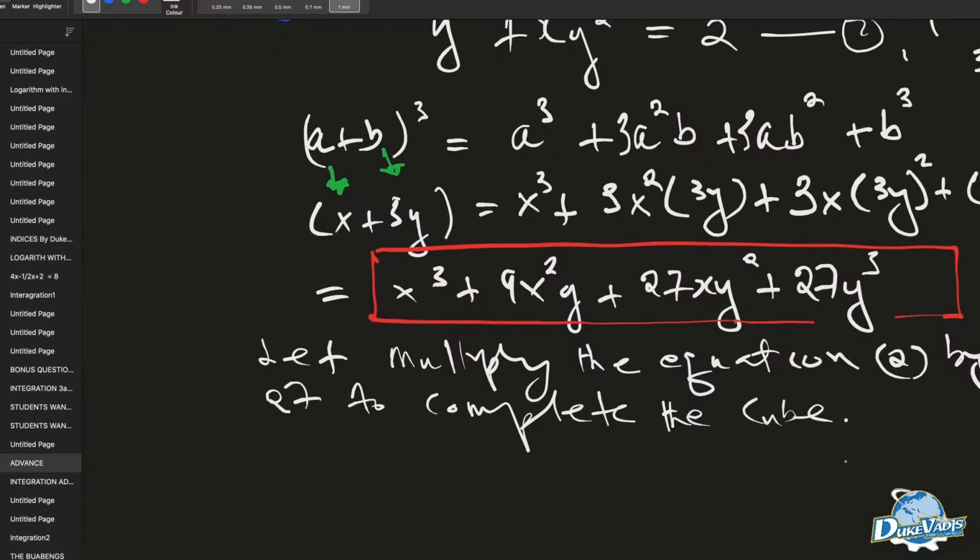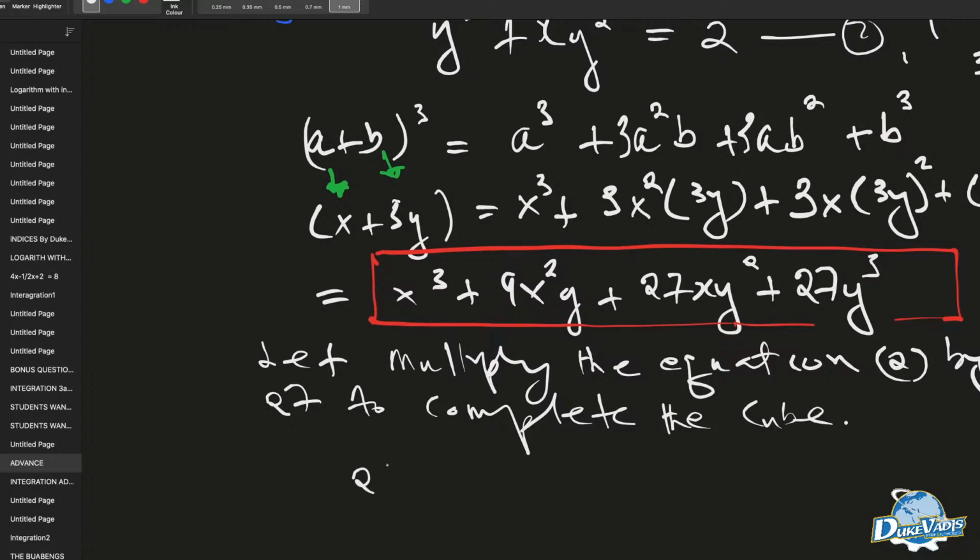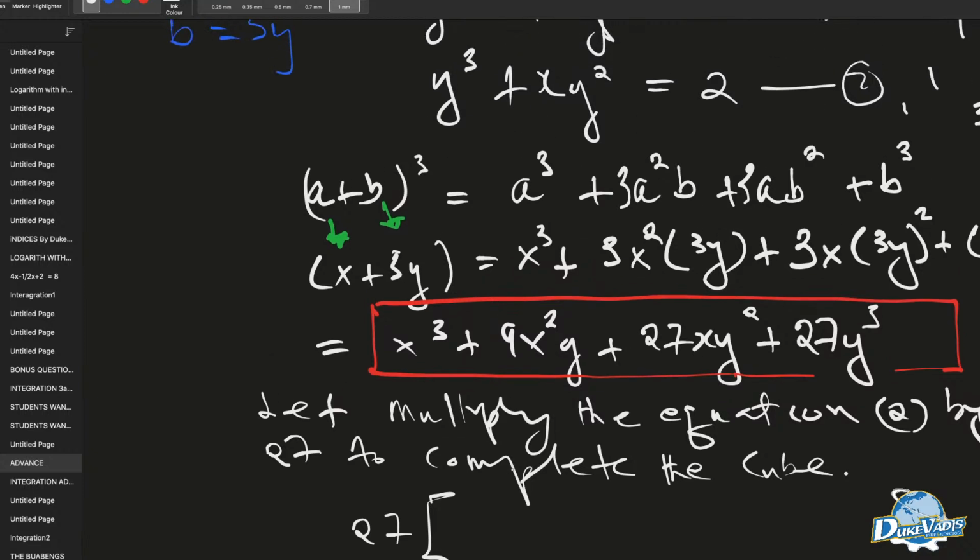So meaning 27 is multiplying our equation 2, which is y cubed plus xy squared is equal to 2.